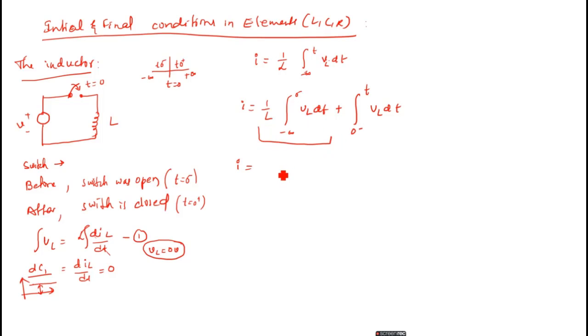It is nothing but an expression for current I, but this I is the before-switching value. That value can be represented as I of 0 minus. And this value, write it as it is, 0 minus to t of VL into dt.